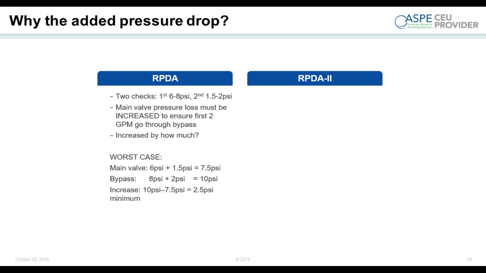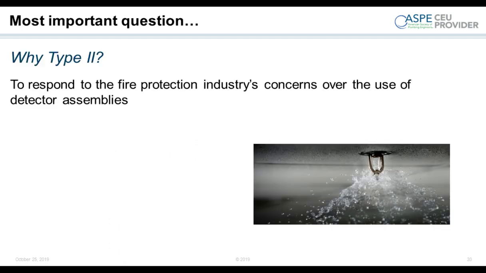That's 10 psi. Now it's 2.5 psi to make up. You'll notice that that is the difference between the 6-inch RP and RPDA that we looked at the beginning. So the big difference between the standard valves and the detector assemblies here, you really see it in the RPDA. So 2.5 psi is quite a bit in a fire system.